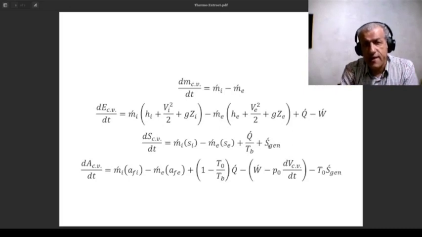And this is exactly what we have studied in this example. We assumed S gen to be zero, and then we calculated both Q and W since we have two equations and two unknowns. This was a very good pattern.